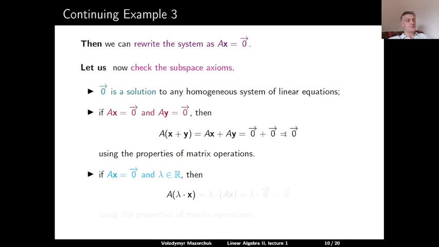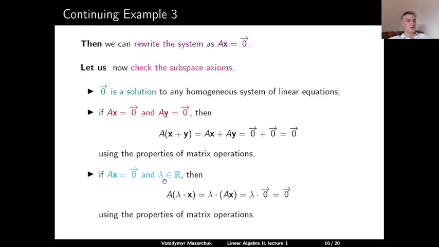Similarly, if we have any solution x to our system, so Ax is equal to 0, and any real number lambda, then applying A to lambda times x, and using that for matrix operations we can move scalars wherever we wish in the product, we can rewrite it as lambda times Ax. Ax is 0, so this is lambda times 0, which is equal to the zero vector.